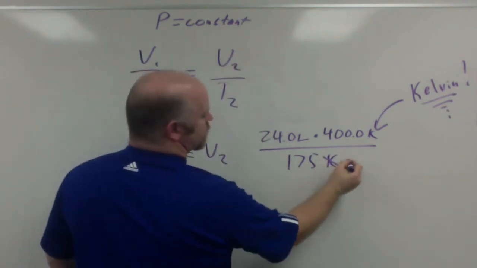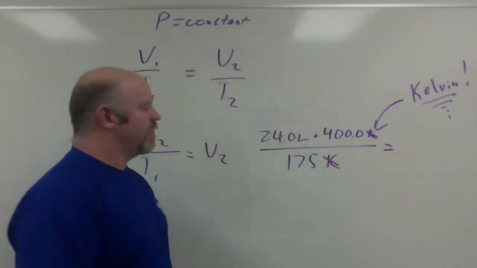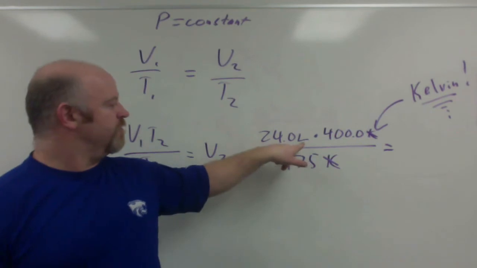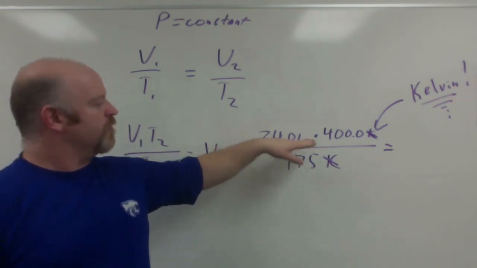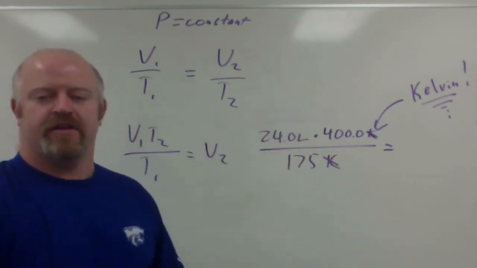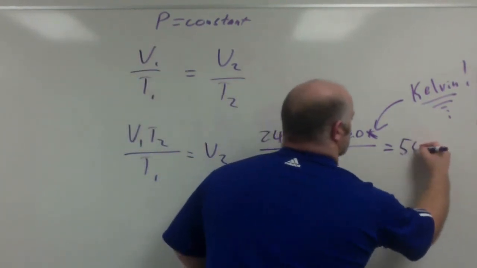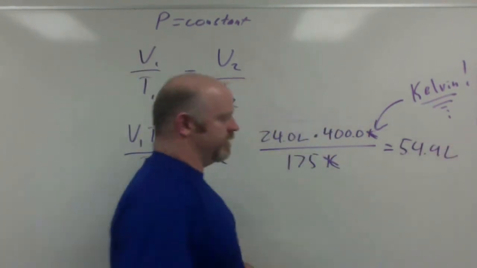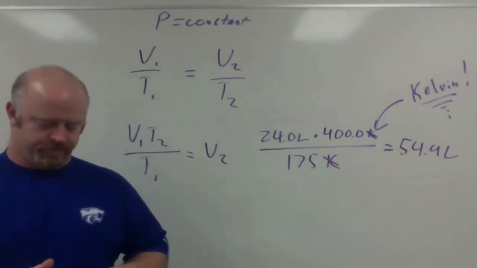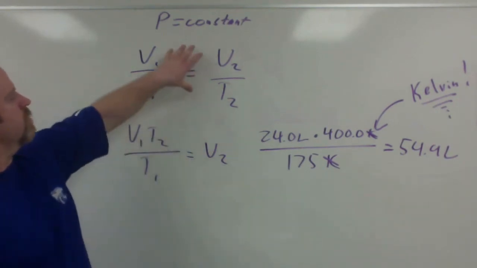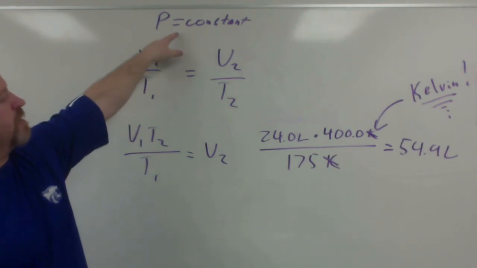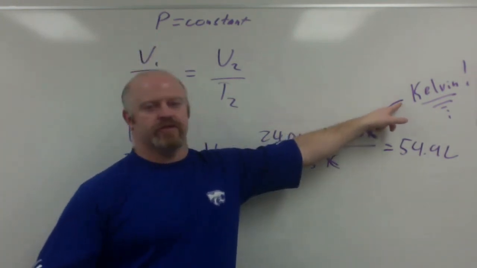So in this case, our kelvins cancels, and we can solve for our new volume, or V2. 24 times 400 divided by 175. And we get 54.9 liters for our new volume. Okay. Charles' law, pressure is constant, must be in kelvins to do this math.